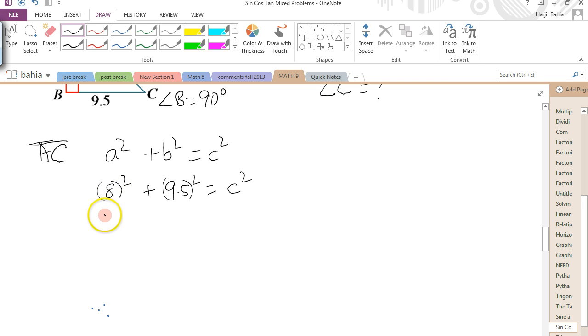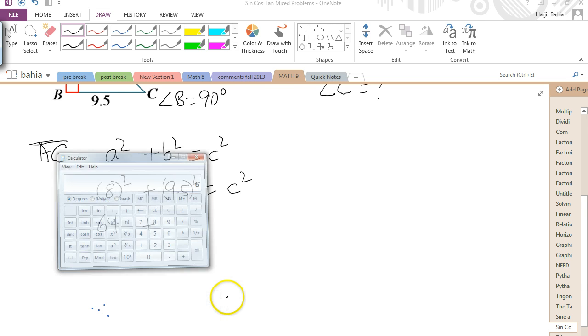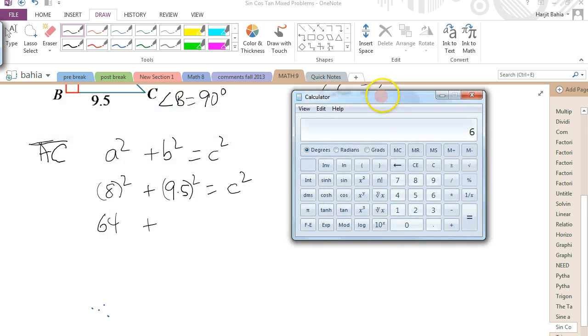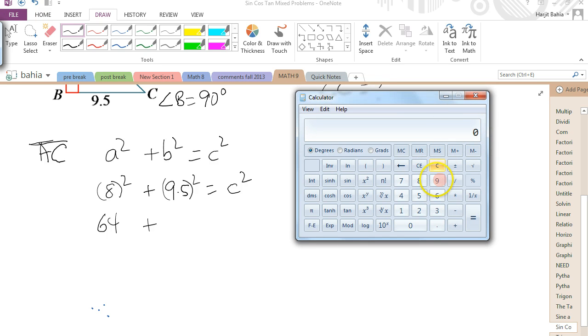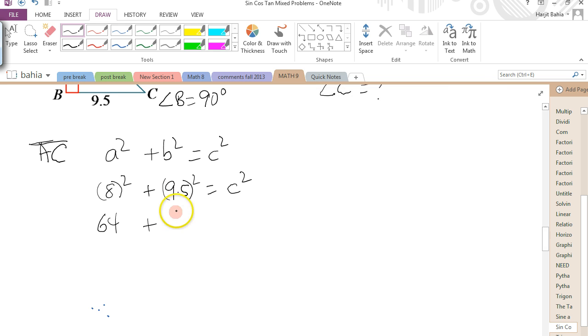And then we do our stuff. What is 8 squared? It's 64. What's 9.5 squared? I'll do it for you. 9.5, x squared button right there. 90.25, and we don't know the C squared. Let's leave that.